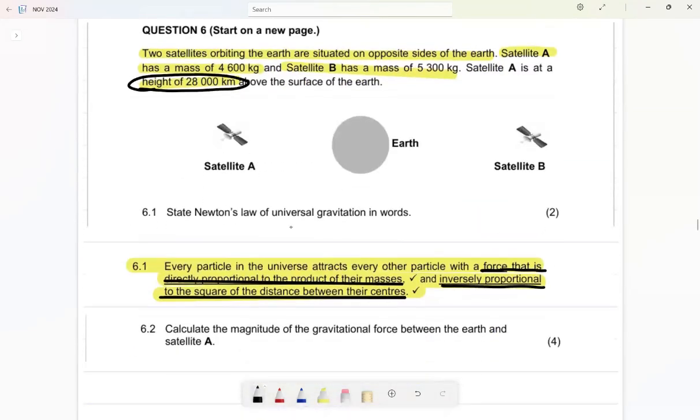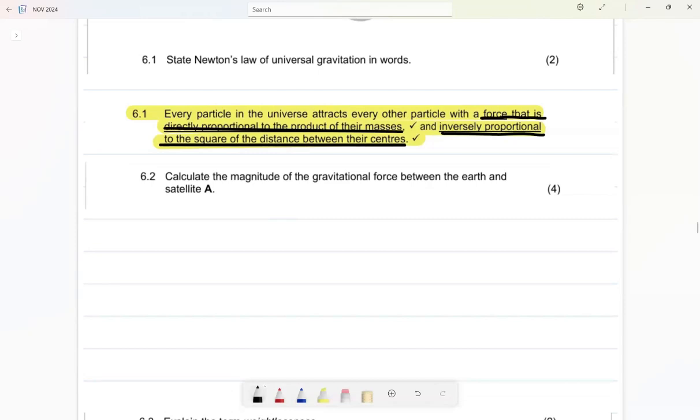And then let's see. 6.2 says calculate the magnitude of the gravitational force between Earth and satellite A. Okay, so we want gravitational force. So F is equal to G m1 m2 divided by r squared.